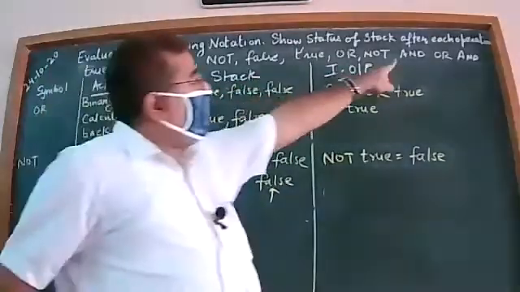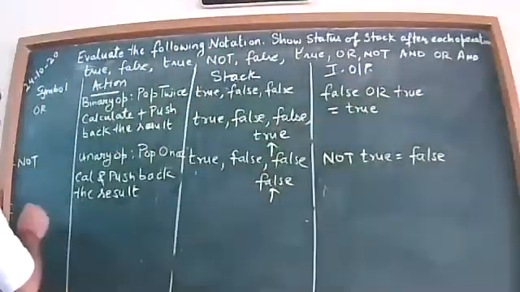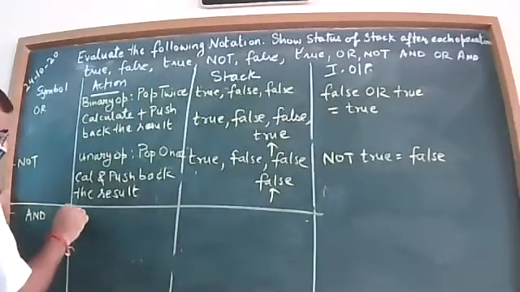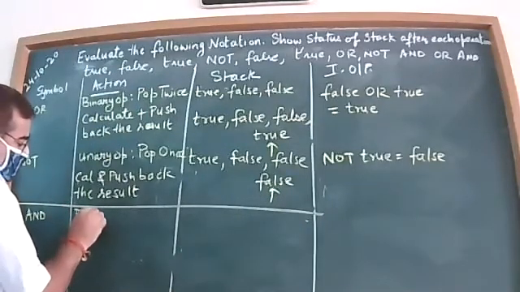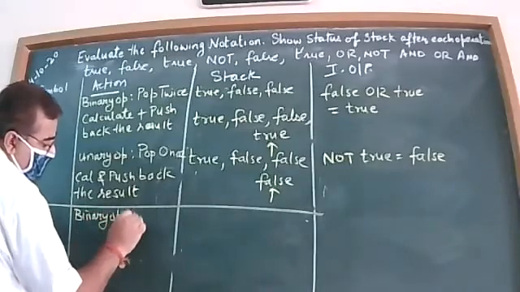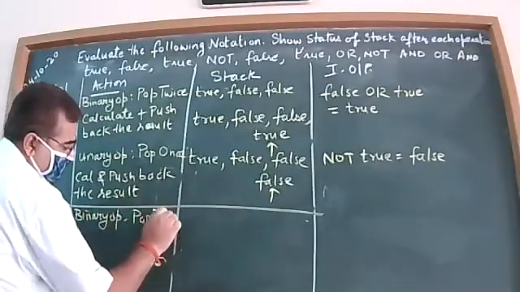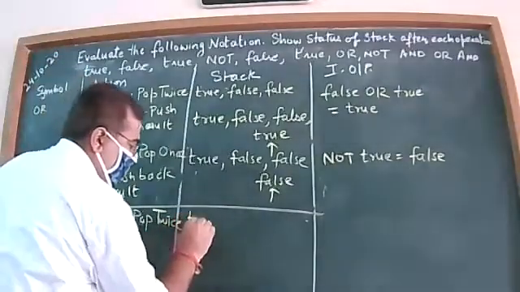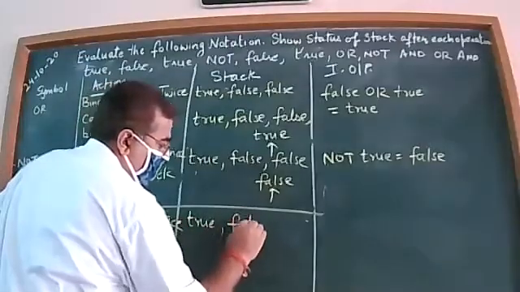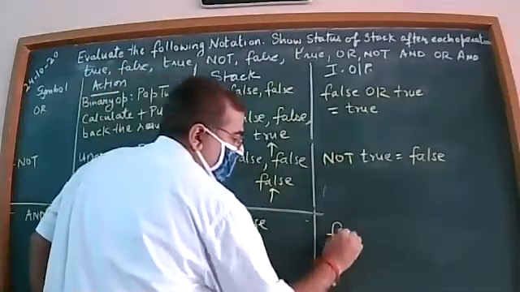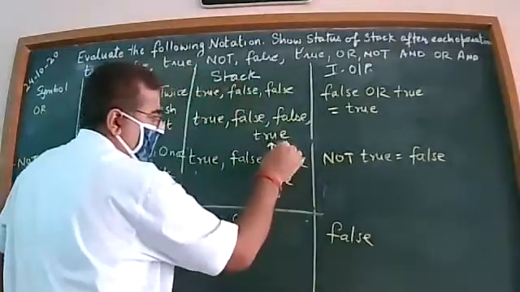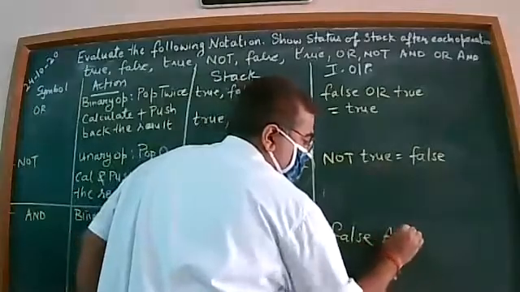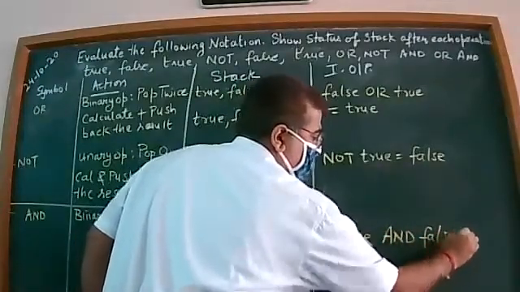Now moving further, I have and. Binary operator, pop twice. Two elements will be popped, true, false. So two variables that are popped here are these two. False and false.